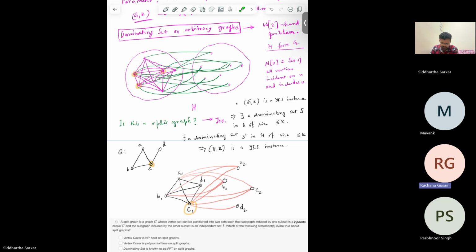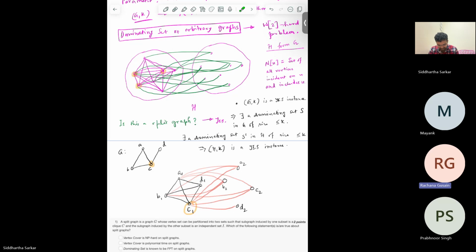In the first copy, you take the corresponding copy C1. That is going to be a dominating set because all the vertices of the clique are already dominated by C1, and the vertices of the independent set, the other side, are also dominated by C1 because C itself is a dominating set in the original graph.